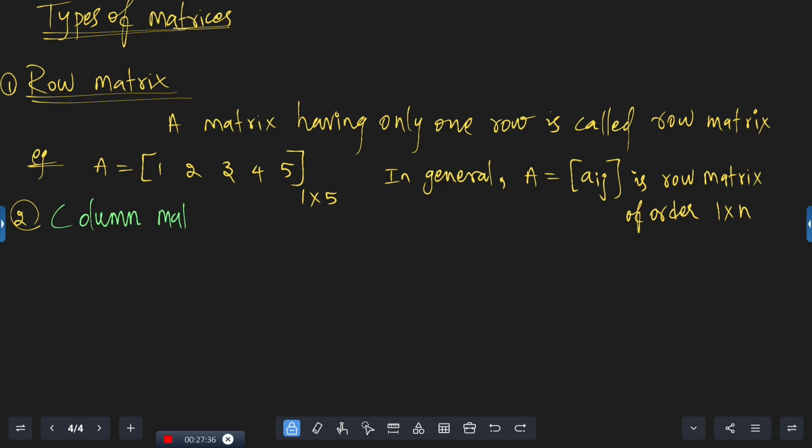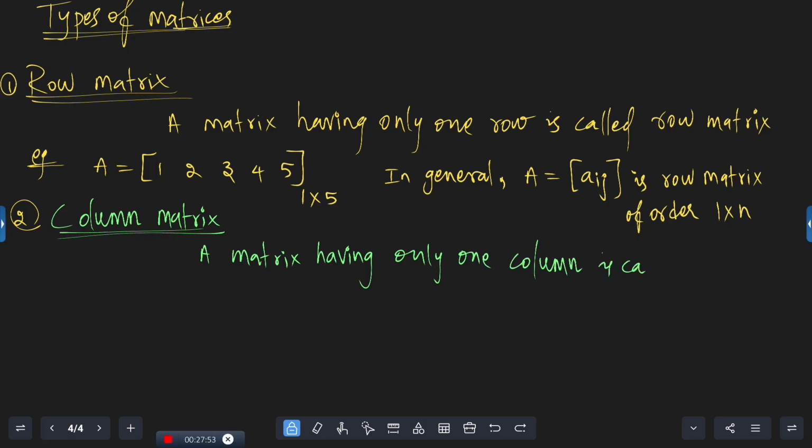Column matrix. A matrix having only one column is called a column matrix. Understand? Right. In general, what will they say?